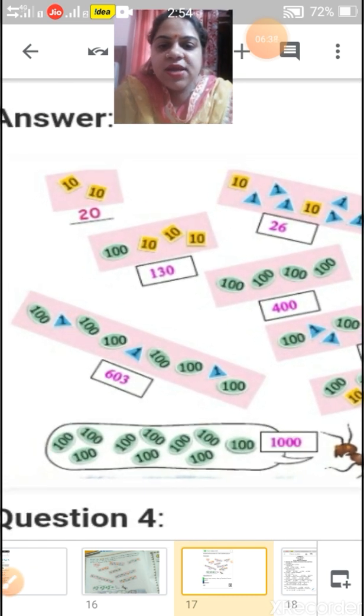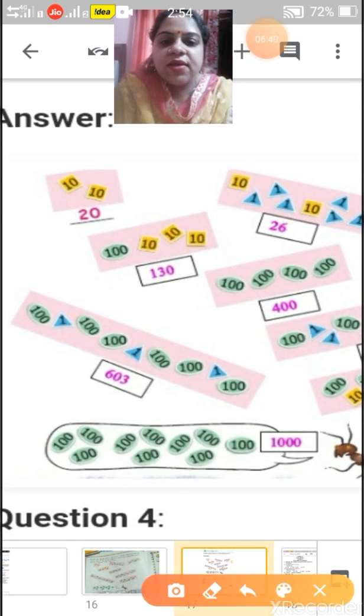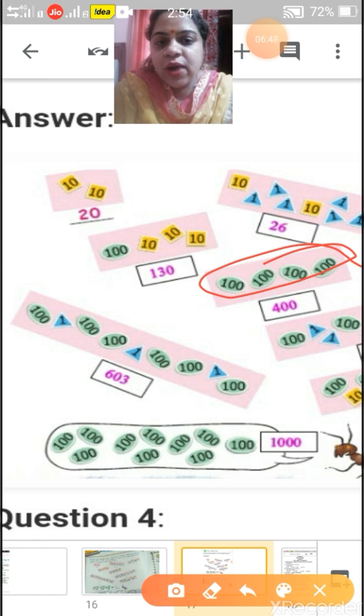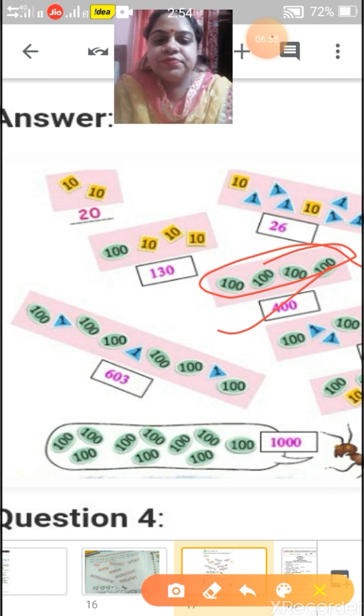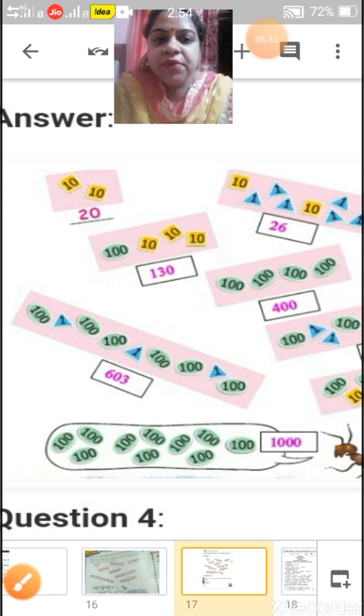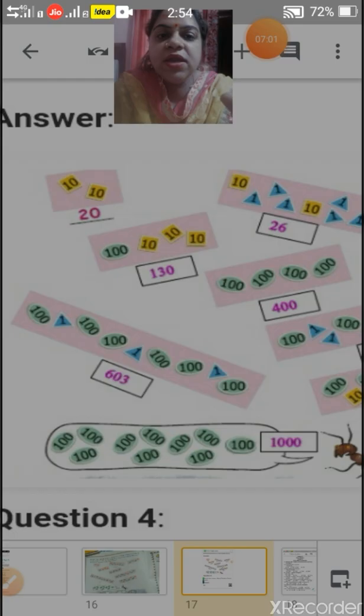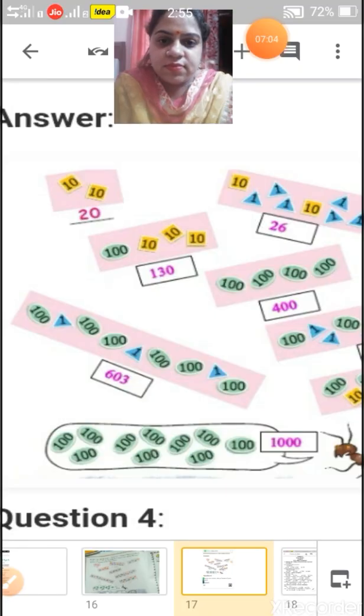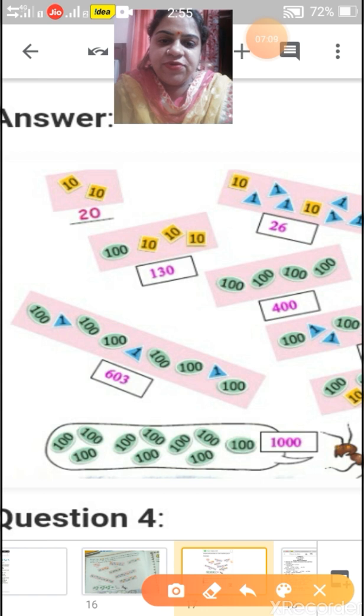Like this he counted. This is 20 and 3, 6. Now this is 4. 4 into 100 is equal to 400. Now 100 of how many? 100 of 3 here and 3 here.